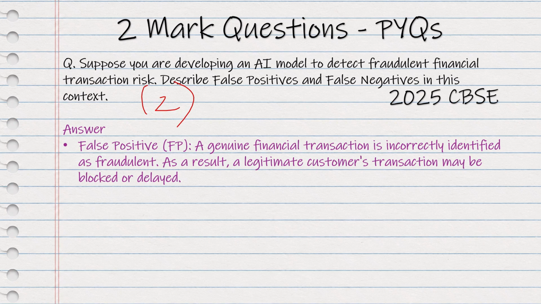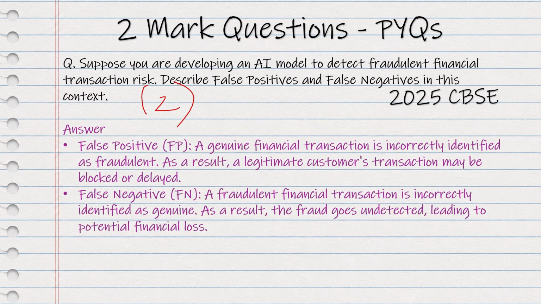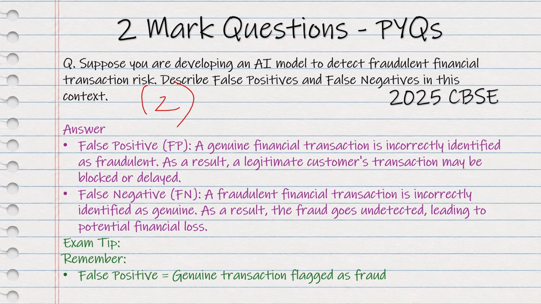As a result, legitimate customers' transactions may be blocked or delayed. But the false negative here, which is more dangerous, a fraudulent financial transaction is incorrectly identified as genuine. As a result, the fraud goes undetected, leading to a potential financial loss. So always remember false positive, genuine transaction flagged as fraud, and false negative, fraudulent transaction is missed in this case.